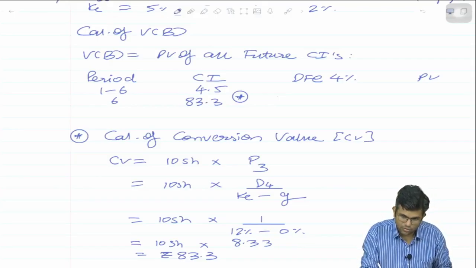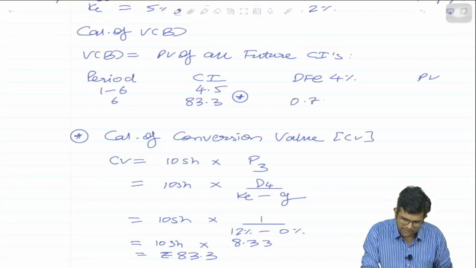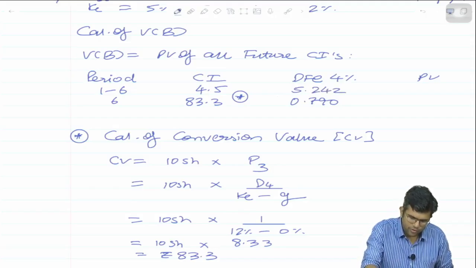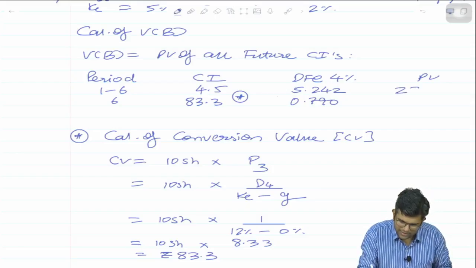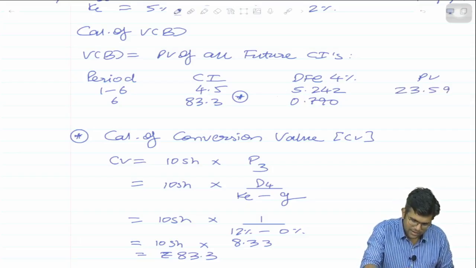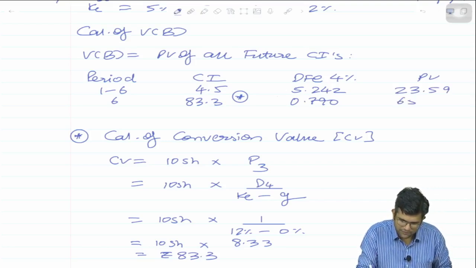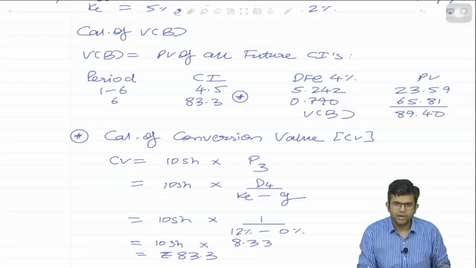This is 0.790. 4.5 into 5.242, 23.59. 83.3 into 0.79, 65.81. Total 89.40. This is the value of the bond. All clear?